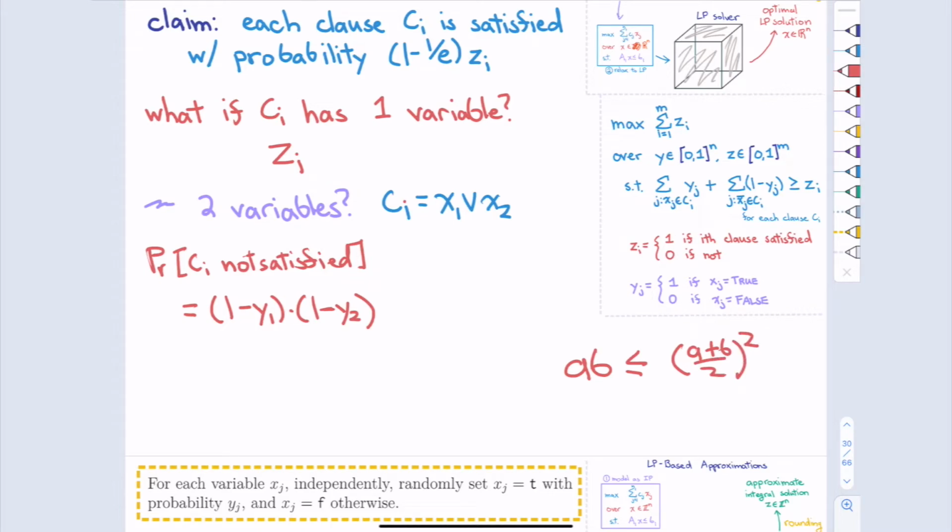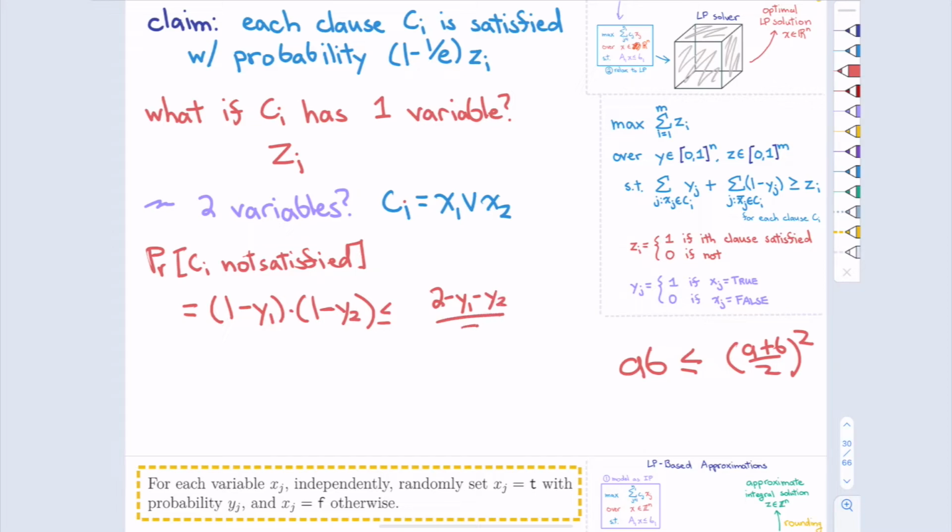If we use that here, we get less than or equal to ((2 minus y1 minus y2) over 2) squared. Great. Anyone want to suggest something to do next? In particular, we might be able to bring z back into the picture.